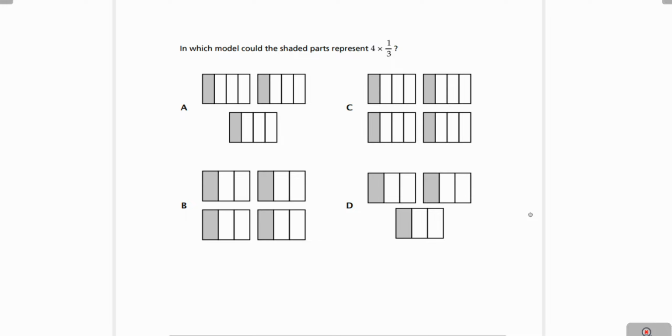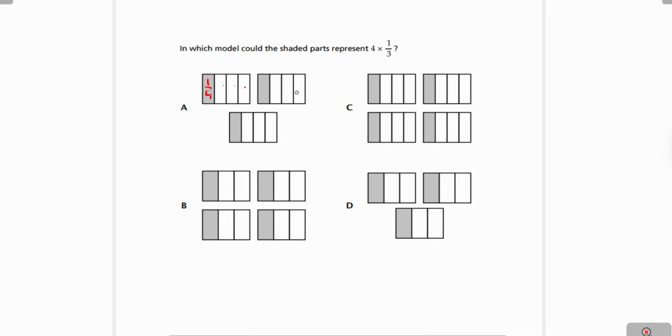Okay, well, when you see a problem like this, let's work out all the choices to see which of them represents 4 times 1/3. In this one, 1 is shaded out of 1, 2, 3, 4. So I know that this is 1/4.